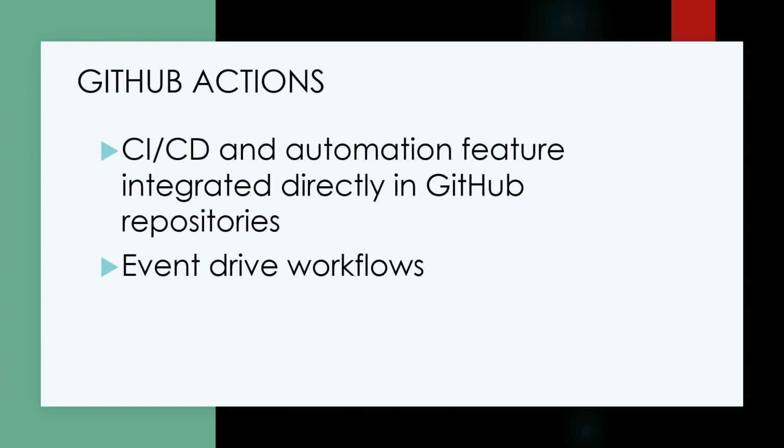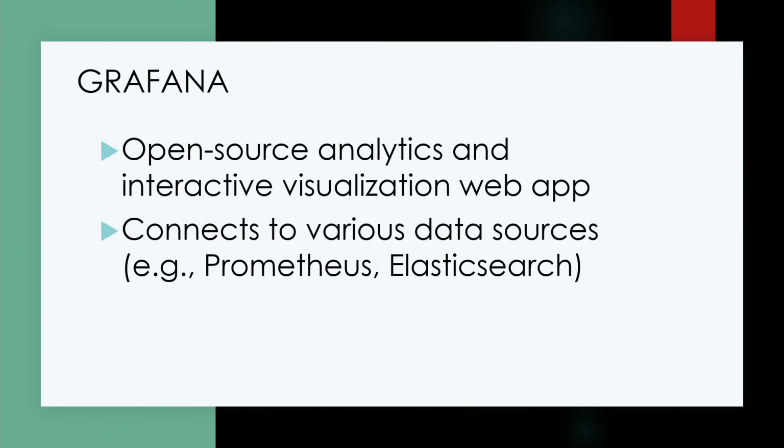There's GitHub Actions, which bring our continuous integration and continuous deployment features directly into our GitHub repositories. These actions will be driven by certain events that are occurring. So obviously our DevOps people love Git. They love GitHub typically, and GitHub Actions allow them the automation features that they need while they are developing software.